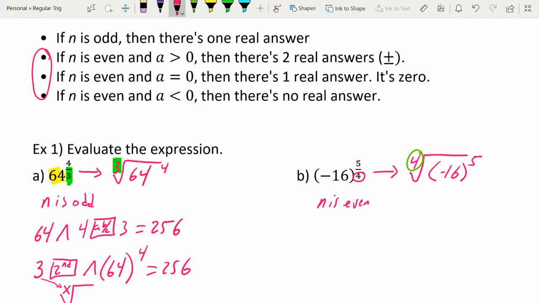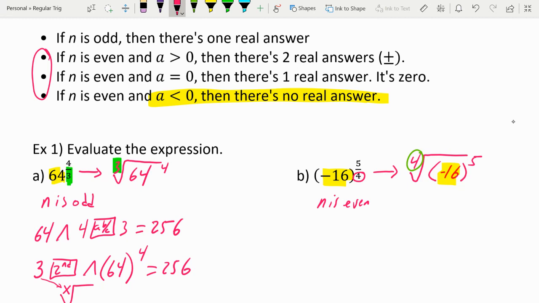Well, which one is it? Now I have to look at a. Remember, this is a. What is it? A is negative, so it's less than 0. So what do I know? There's going to be no real answers, no real solution. If you don't believe me, give it a try. Grab your calculator.